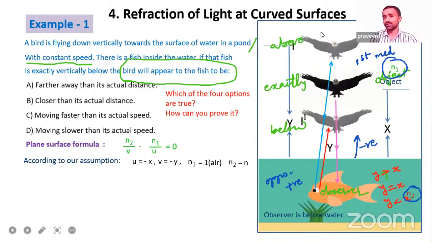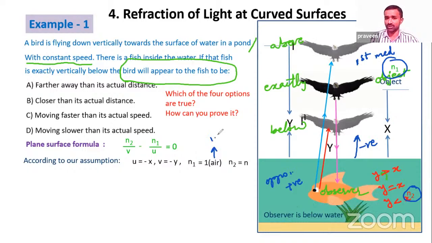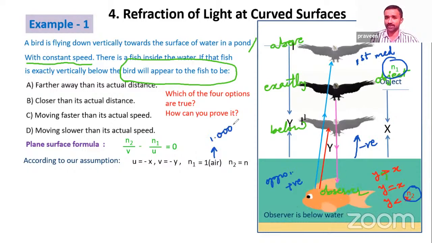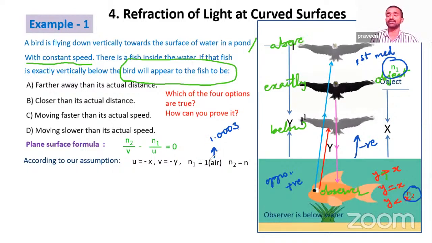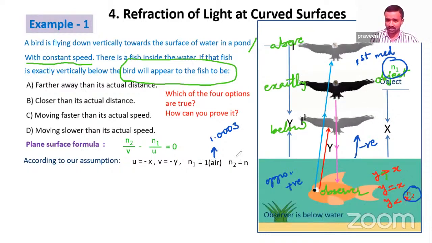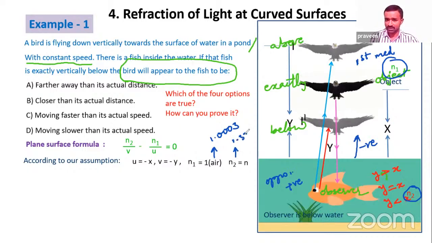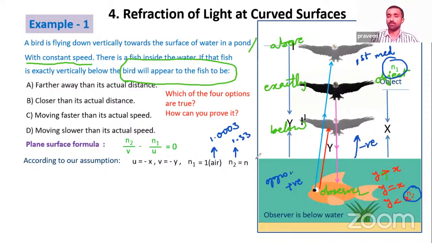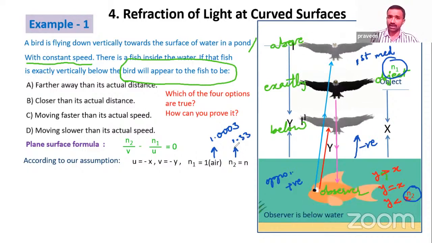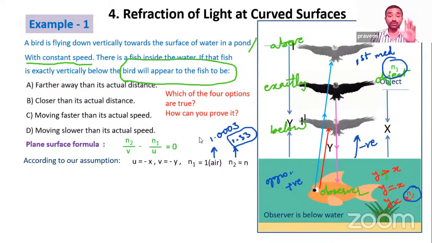According to 9th class knowledge, the refractive index of air is 1.0003, so approximately we will take it as 1. Then n2, the refractive index of water, is 1.33. But here it is taken as n. Later on, I will substitute the value 1.33 here.